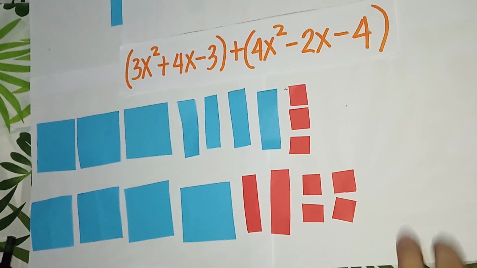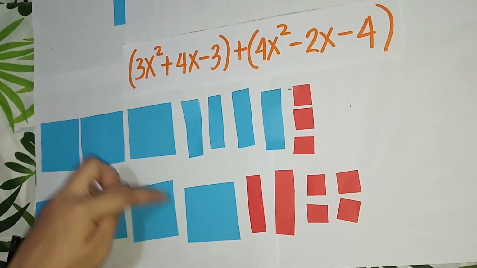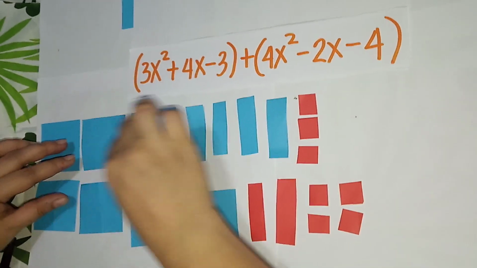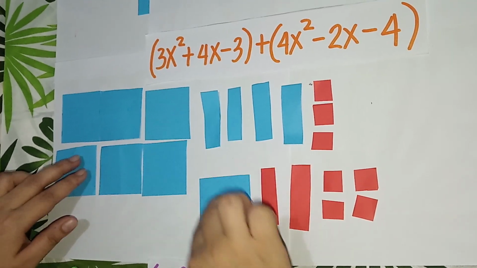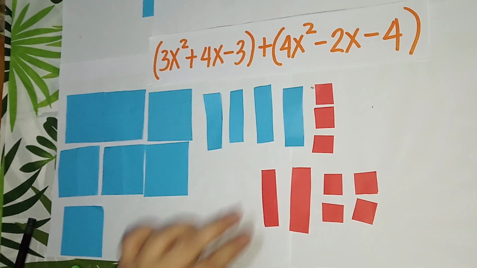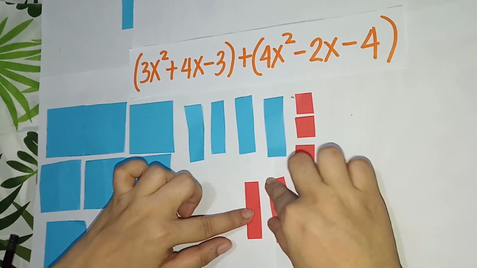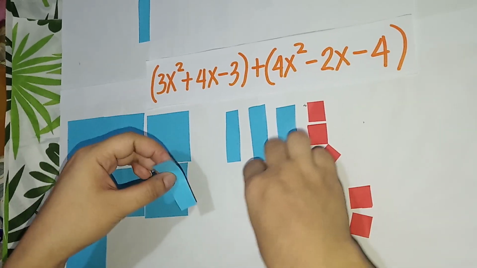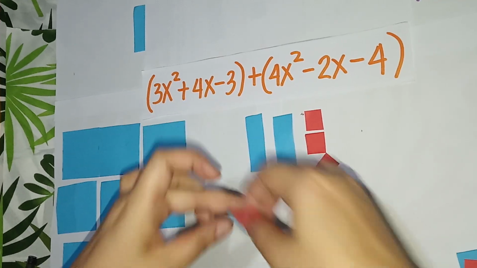And then lastly, you have 4 pieces of 1 by 1. So how will you work on your answer? Since the x squared tiles are all positive, your answer will become 1, 2, 3, 4, 5, 6, 7. As you notice, we have pairs. Group them. This one will become 0, set aside. And this will also become 0.